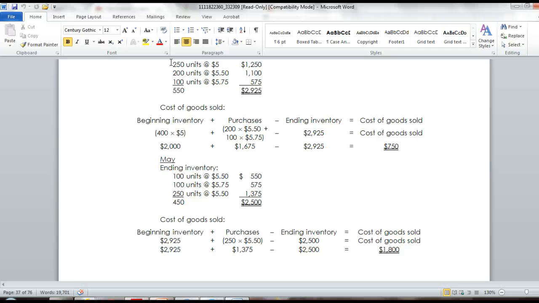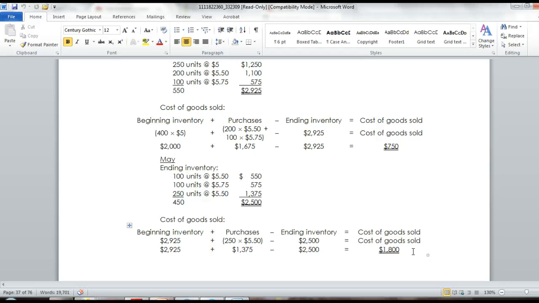So we had to have sold 250 of these units at $5, and then we also sold another 100 units at $5.50. So we can see here that basically how they're doing it is showing our beginning inventory plus our purchases minus our ending inventory gives us our cost of goods sold.